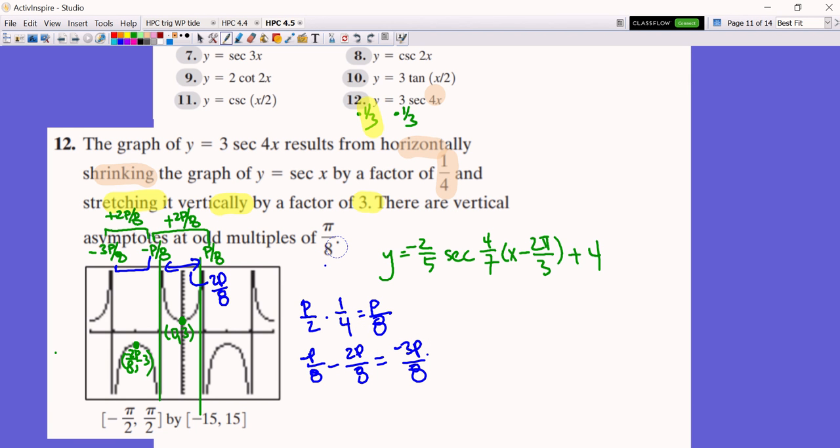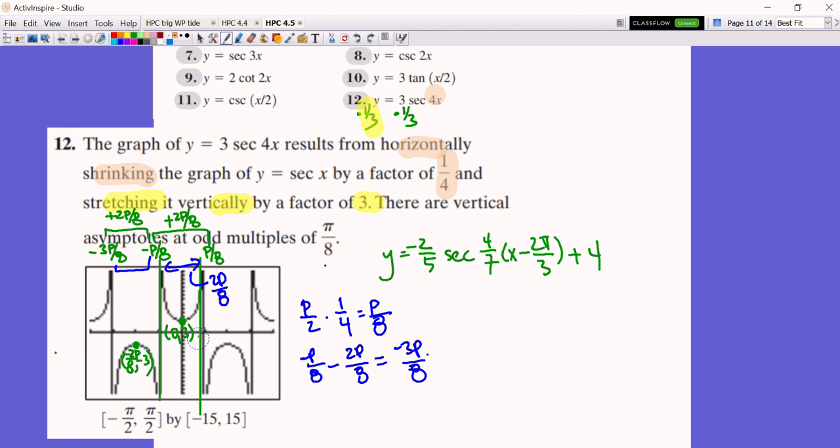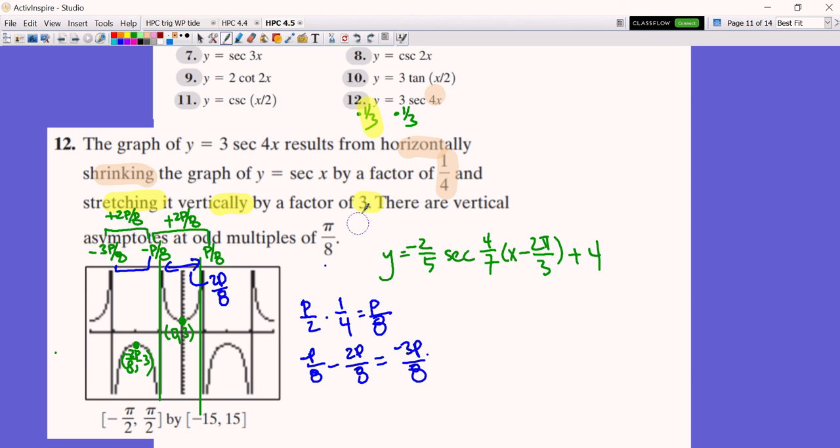And then we have stretching it vertically by a factor of 3. I really want you to pay attention here. Okay, and I spoke about this in class. Right now we have 0, 1 as the minimum for this piece of the secant function. So instead of 0, 1 that we see here, if it got stretched vertically by a factor of 3, it becomes 0, 3.